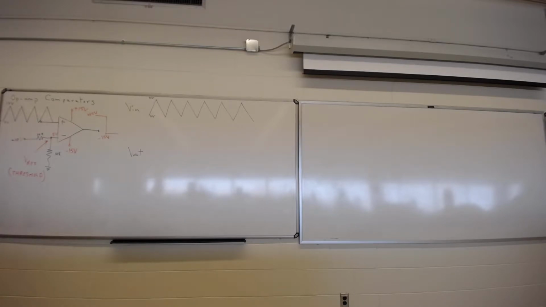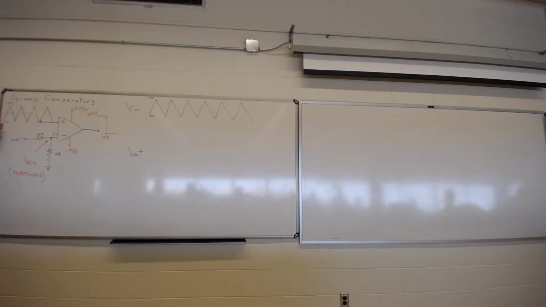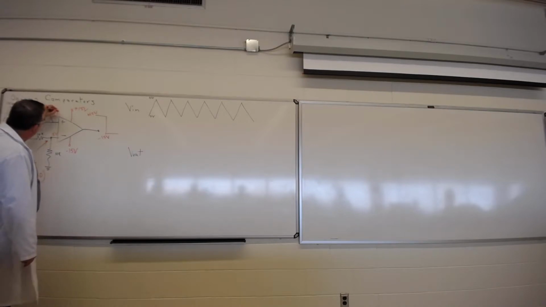So what I'm going to do is I'm going to draw a little dotted line here, right down the middle, my input signal. So my input signal, what I'm giving it is a sawtooth wave, a triangular wave, that is ramping from 0 to 10 volts and 10 back down to 0. It goes up and down like that. And right down the middle, a little line here is where we've got our 5 volts.